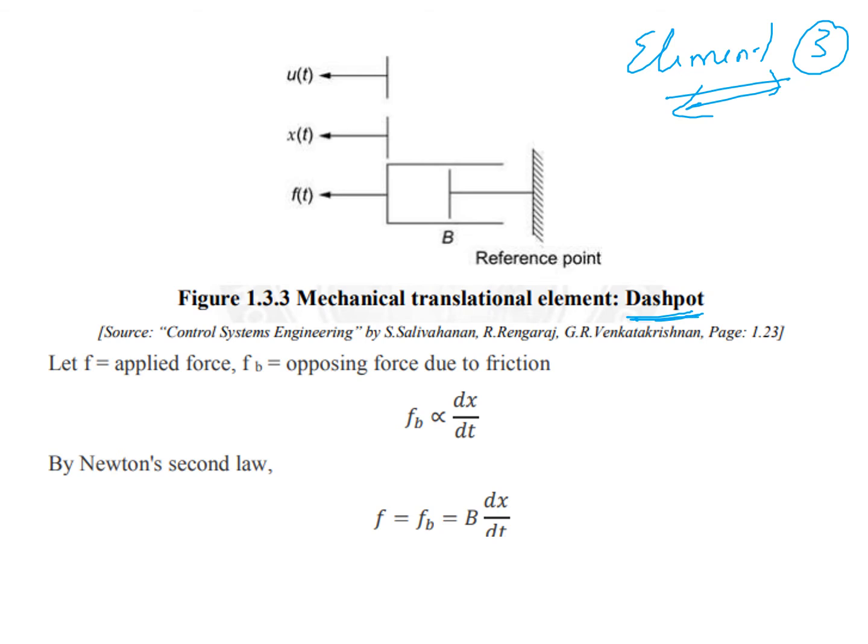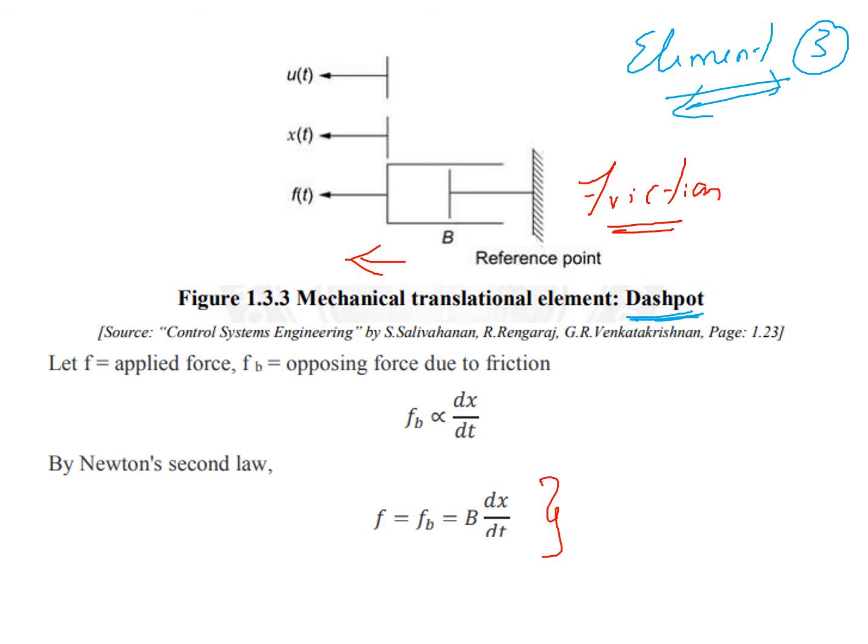If a force is applied on a dashpot as shown in the figure, then it is opposed by an opposing force due to the friction that will be experienced in the dashpot. The opposing force is proportional to the velocity.